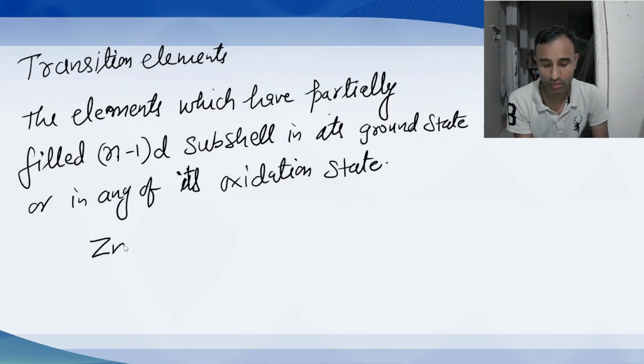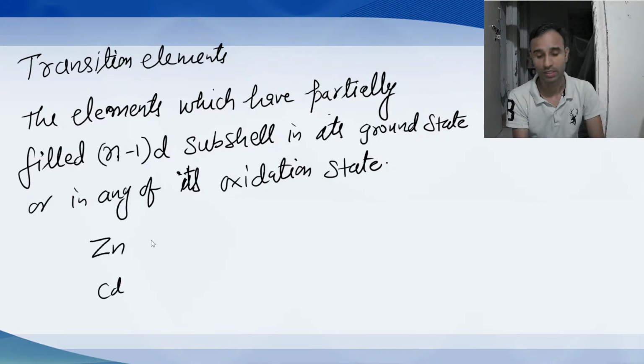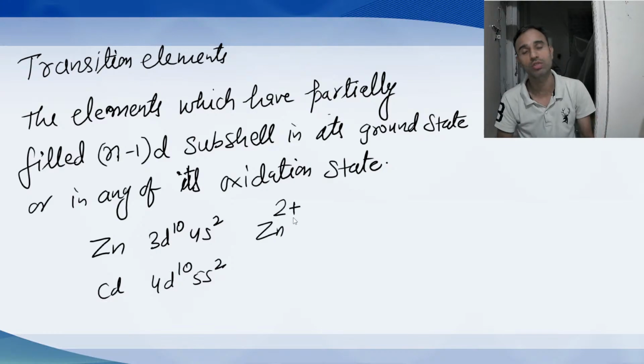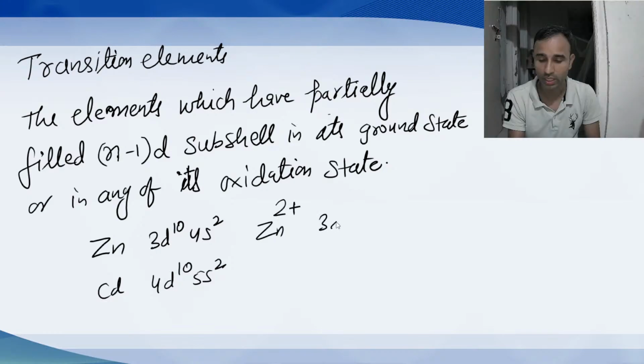Zinc is 3d10 4s2, cadmium is 4d10 5s2. Zinc has only the +2 oxidation state, so it is 3d10. Cadmium also has only the +2 oxidation state, so it is 4d10.